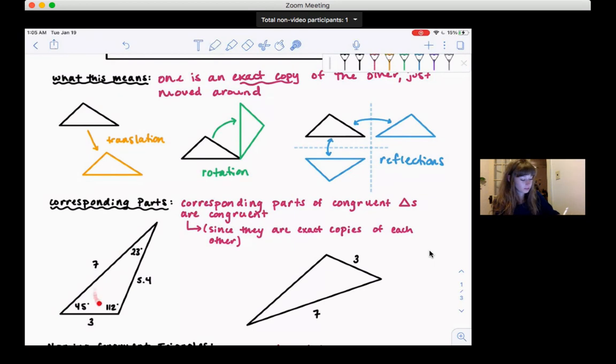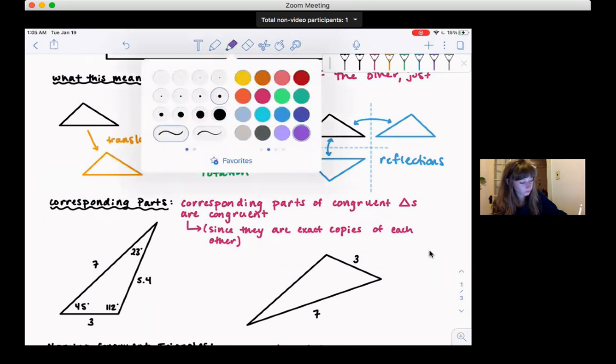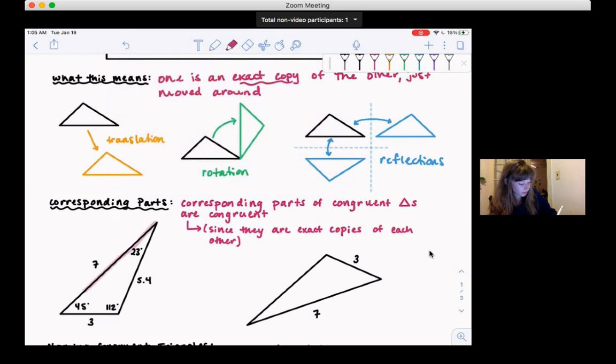So let's say these two triangles are congruent. So I know that they're exact copies. Then I know all their parts have to match up to each other. And we can see that we have some parts already labeled. So like this 7 side is corresponding to this 7 side. So we would call those corresponding sides, and they're congruent because they're the same length.